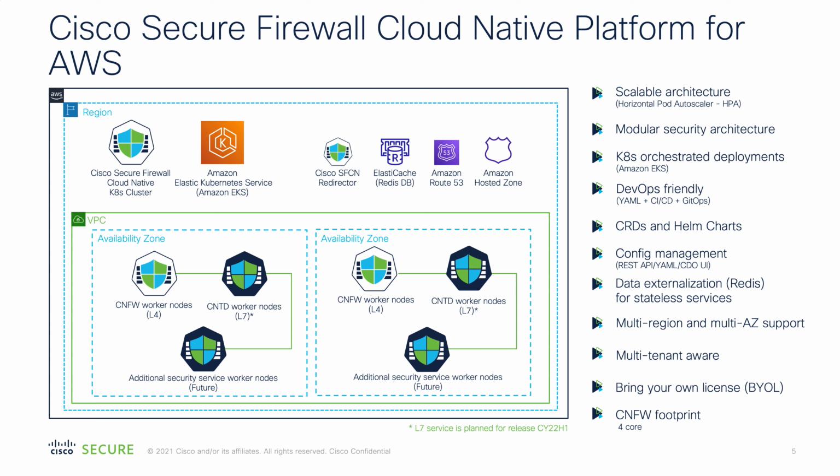The entire solution is DevOps friendly. You can use YAML, CI/CD pipeline, you can use GitOps and orchestrate your entire architecture. In addition to that, Cisco provides CRDs and Helm charts so that you can deploy your infrastructure pretty easily. For config management, we support REST API, YAML, and you can also onboard your SFCN cluster into CDO if you are into UI.